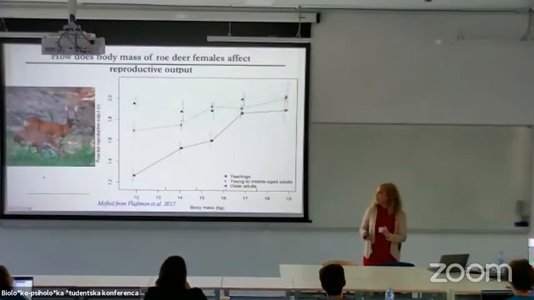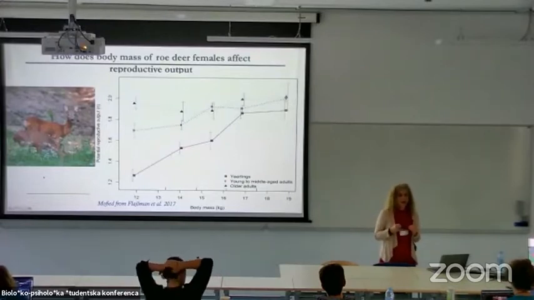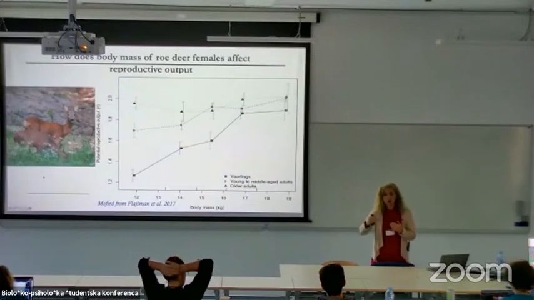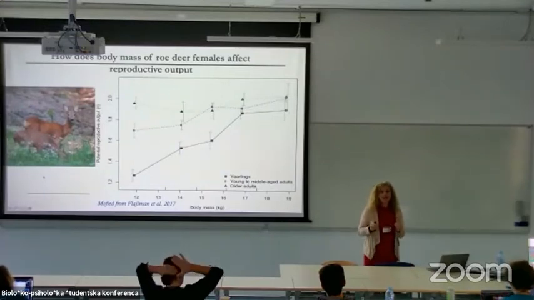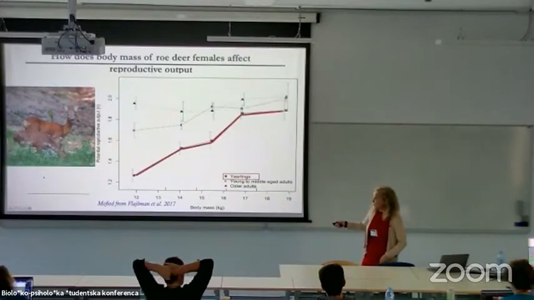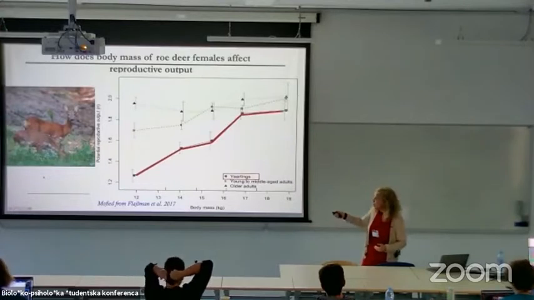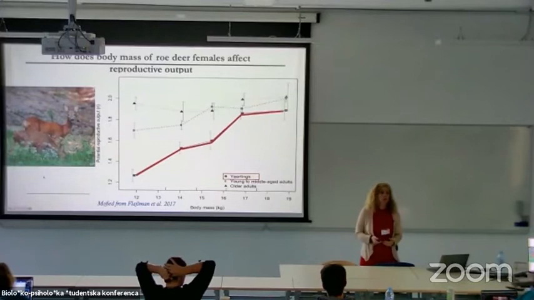But when the females reach, I would say, sexual maturity, so in the time they start to produce ova, the body mass is really important. And they found that if the body mass was lower, the potential of that female was also lower.